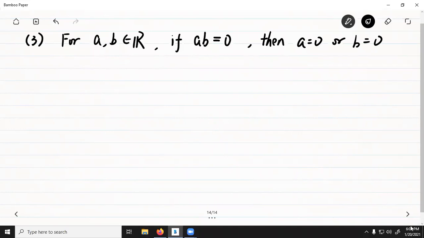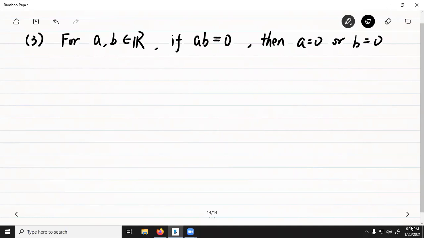If two numbers' multiplication equals the additive identity 0, then at least one of the numbers should be the additive identity 0.